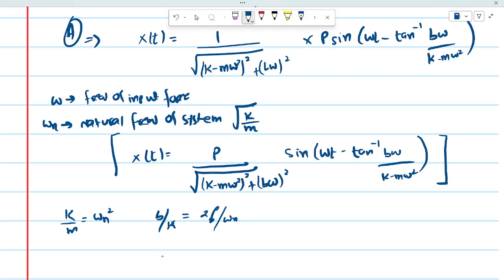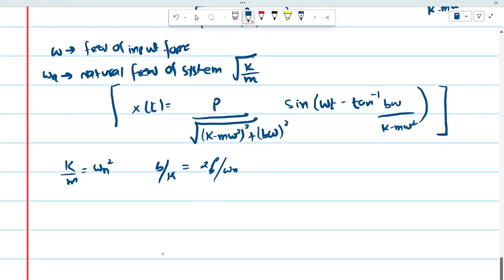You can derive these values by yourself. So it will become x of t, and if you take k common from here, it will become k square outside, and it will come outside the root.